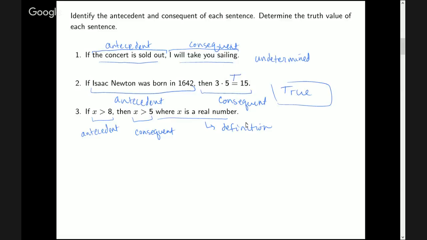That's something in the periphery, but it's not part of the if P then Q part. So, tell me about this. True or false? We don't know.